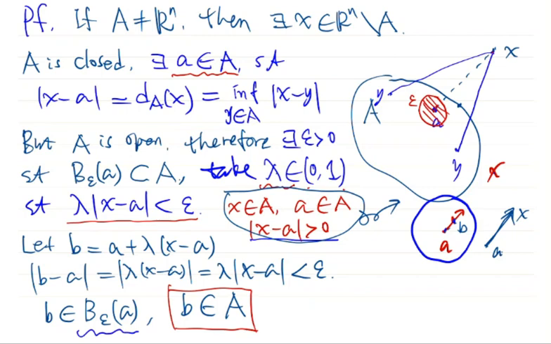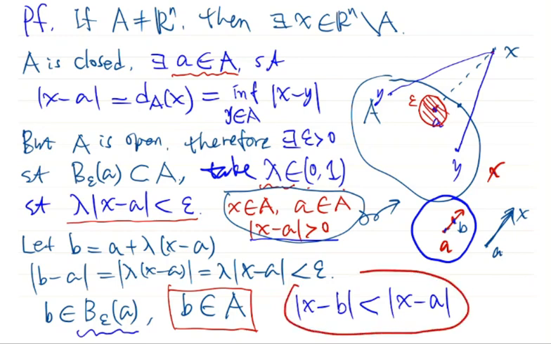We will prove that the distance from x to b is strictly less than the distance from x to a. Once we prove this, we get a contradiction with the choice of a.